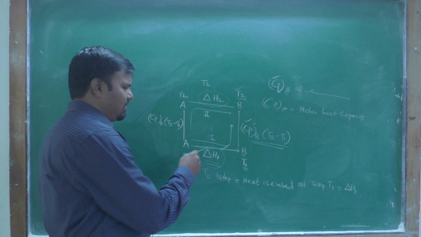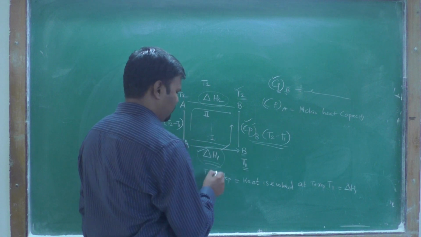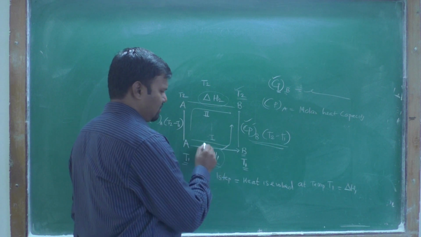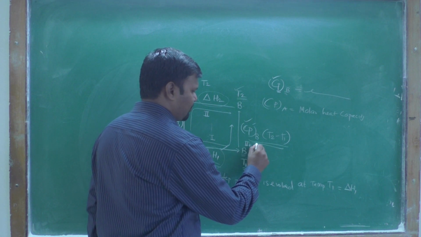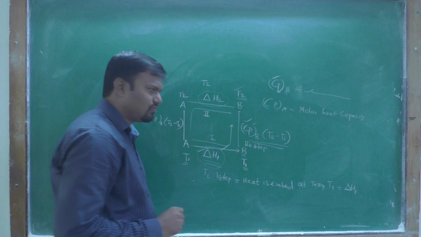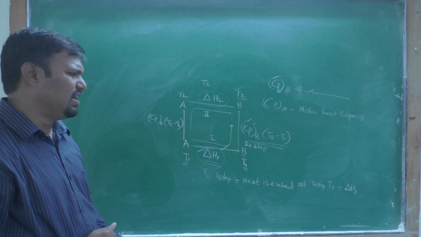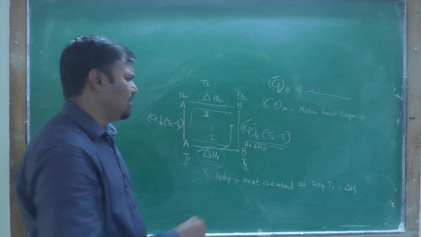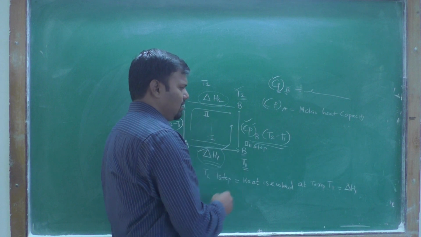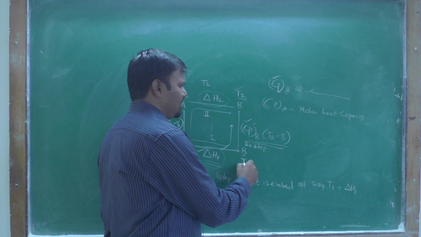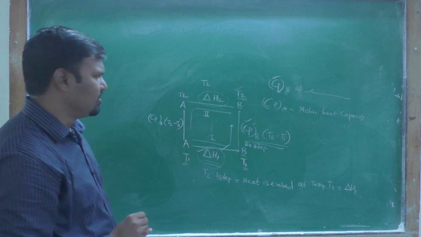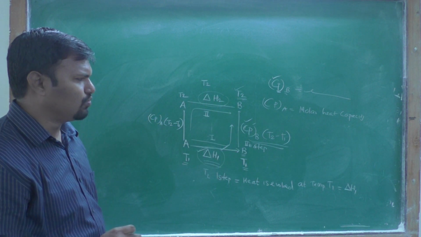During the first route, in the second step, heat is absorbed by the product, and by absorbing heat its temperature increases to T2.